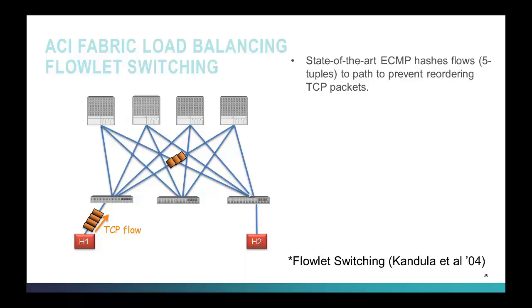Now what is possible, even on a one-to-one basis with ACI, is the concept of flowlet switching. So a flowlet is a combination of packets, a few packets lumped together, and what that allows you to do is that even on a one-to-one basis the flowlets can go via alternate paths.